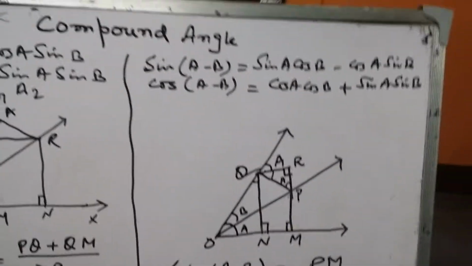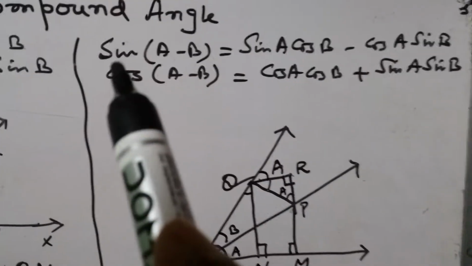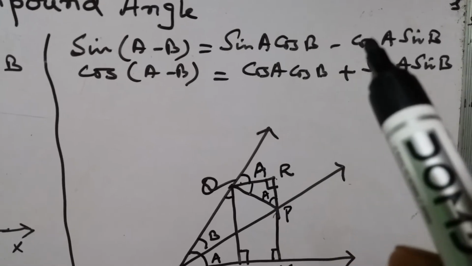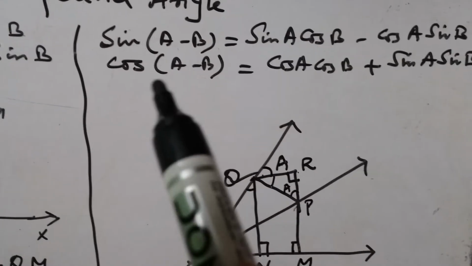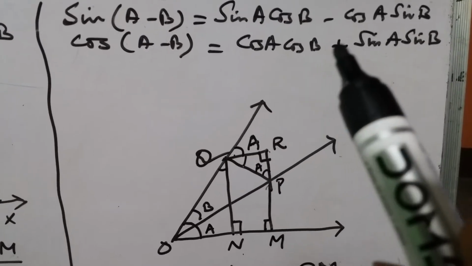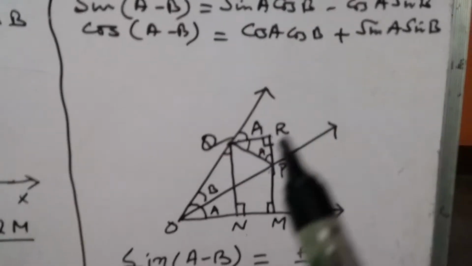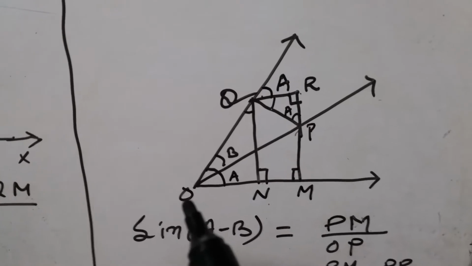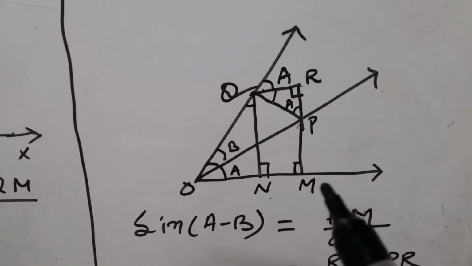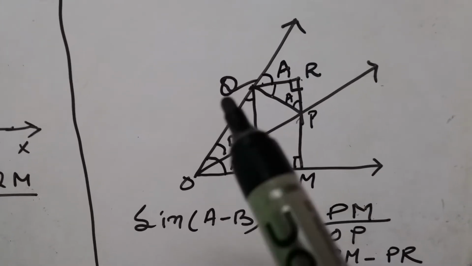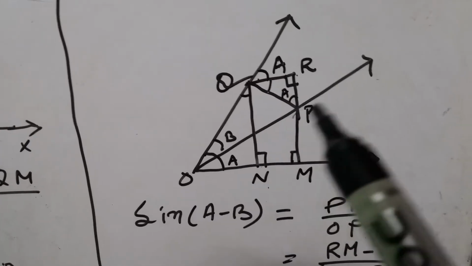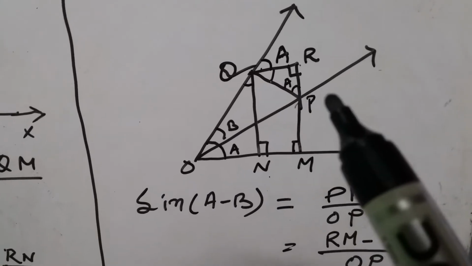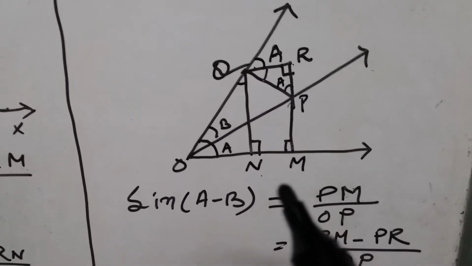Now from this triangle, this is the formula: sin(A-B) is equal to sin A cos B minus cos A sin B, cos(A-B) equals cos A cos B plus sin A sin B. At first write this angle QOM, that is A. Then clockwise QOP equal to B. So MOP is equal to A minus B. Okay.